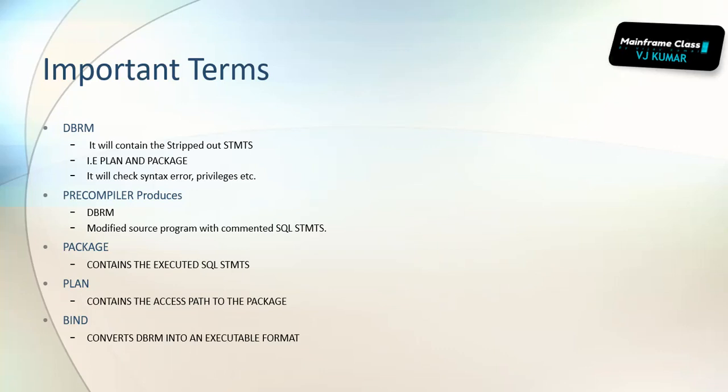Bind will convert this DBRM into an executable format. Running is the process of executing SQL statements and the modified source program. So you have a DBRM and you have a source program, so you need to mention both of them and also the plan. With that you can execute the statement and run the COBOL DB2 program.